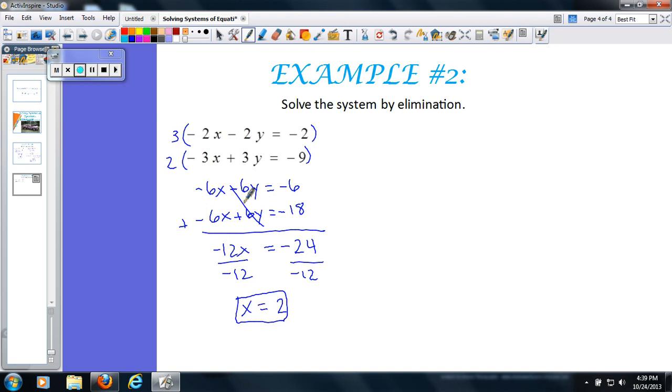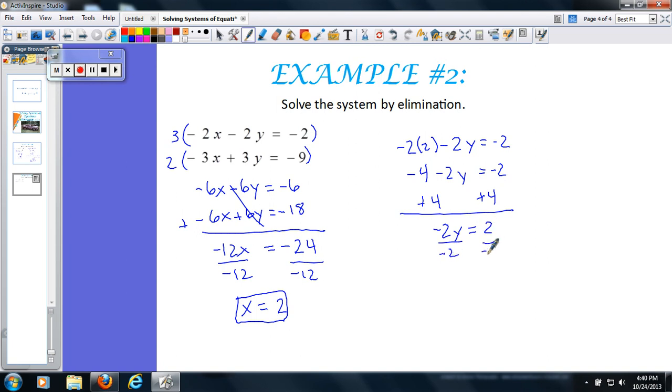Now I'm going to plug it into one of these two equations. Negative 2 times 2 minus 2y equals negative 2. This is negative 4 minus 2y equals negative 2. I add 4 to both sides and get negative 2y equals 2. Divide by negative 2 and I get y equals negative 1.